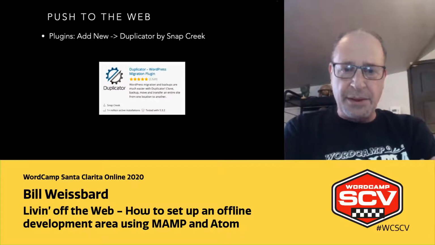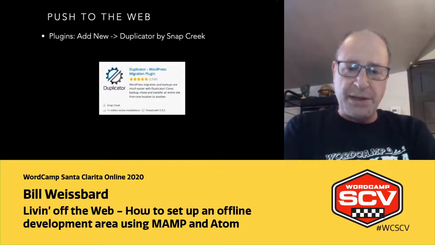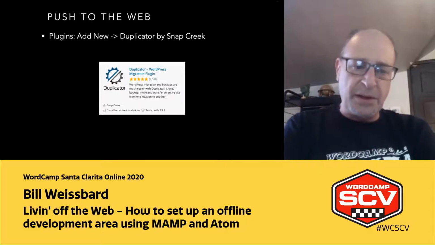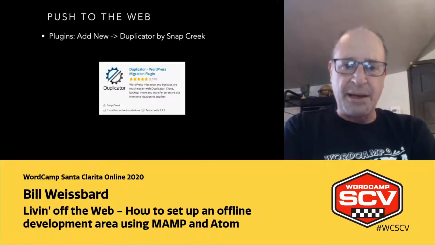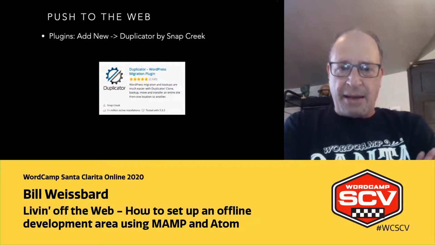What you'll want to do here is go back to your local environment. And remember, you're running a live WordPress site, except you're running on your own computer. So you can go to your plugins folder, add new, find Duplicator by Snap Creek and download that.